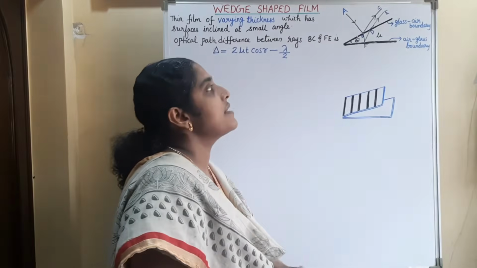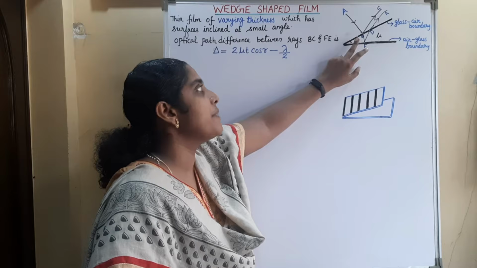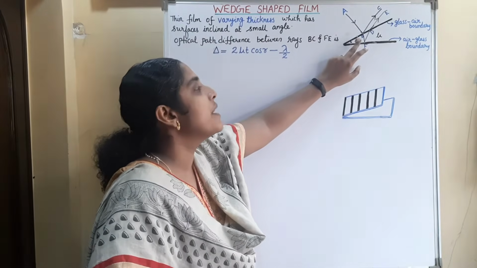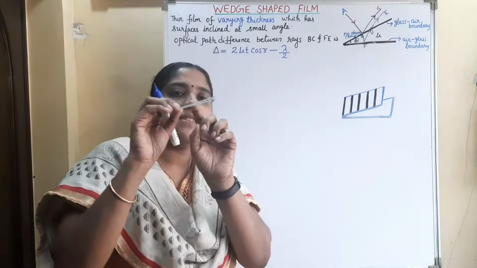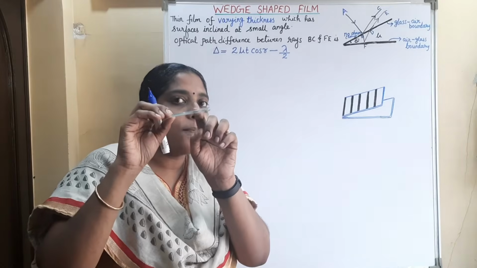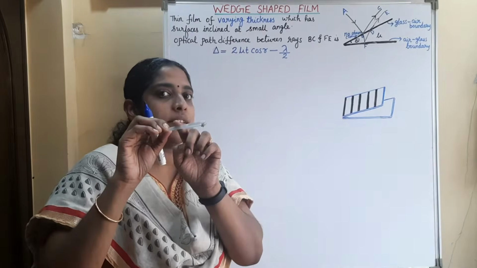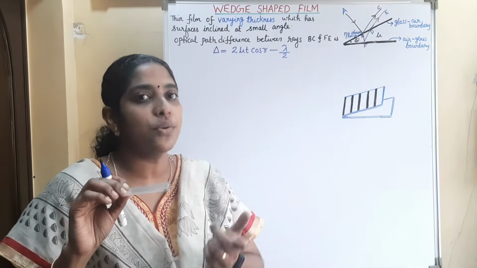Now where the phase change comes here: when we consider the reflected ray from the upper surface of the film, the reflection occurs at the glass air boundary. That is, when we consider this wedge-shaped air film, on the top of that air it is glass. So the reflection occurs from the glass to air boundary, denser to rarer boundary.